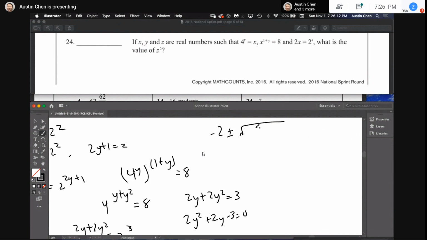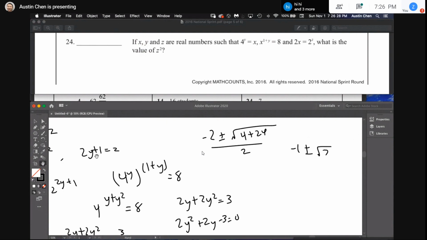And then when we, oh wait, actually, that's not so nice. We have y equals negative 1 plus or minus 7, right? No, yeah, it should be 4 plus 24.